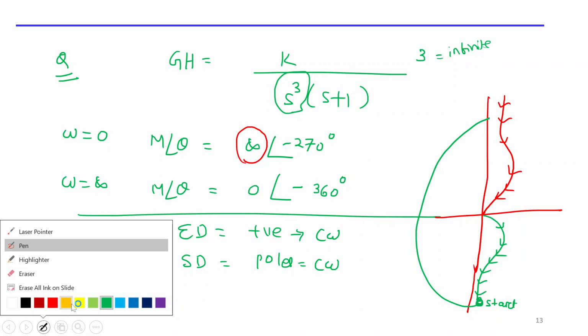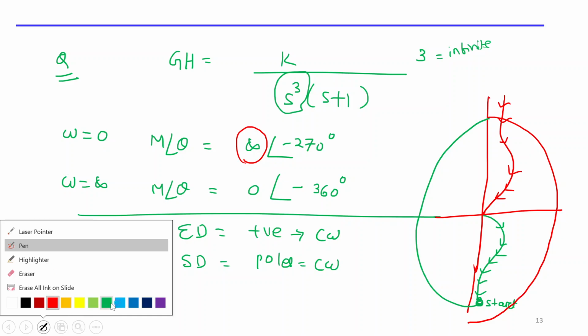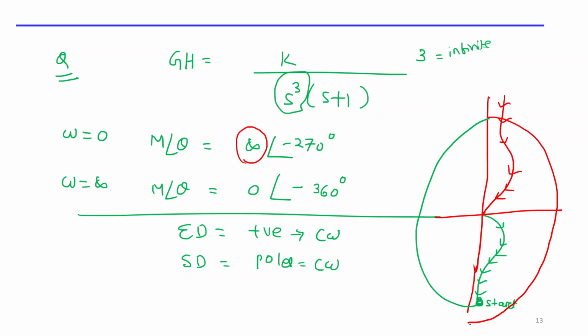You already made one. You made 2. This is the second infinite radius half circle completed. Let's draw the final one. Where you originally started, you end here.